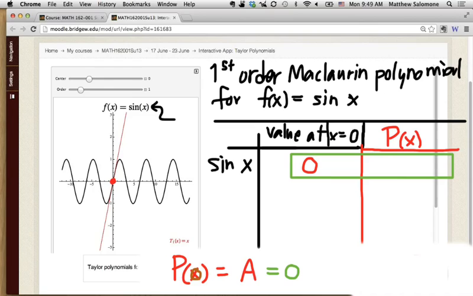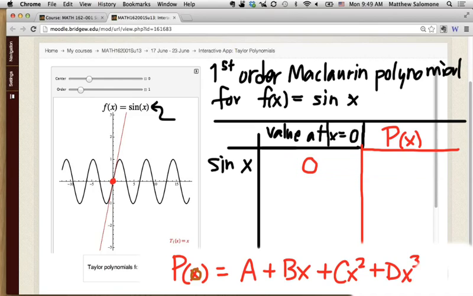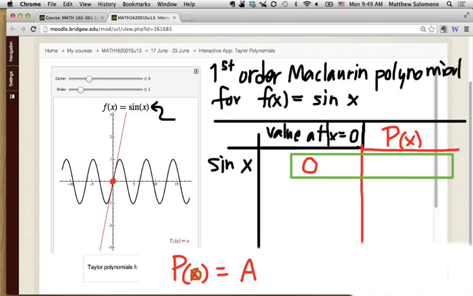That make sense? So the goal of this whole process that we're about to undertake here is we're going to figure out what the values of those constant coefficients a, b, c, d, and so on should be in order that this polynomial match the sine of x as closely as possible. And the very first requirement is that just like sine of x, when I plug x equals 0 into this polynomial, I should get the value 0.